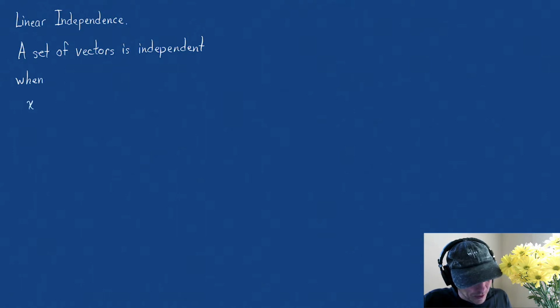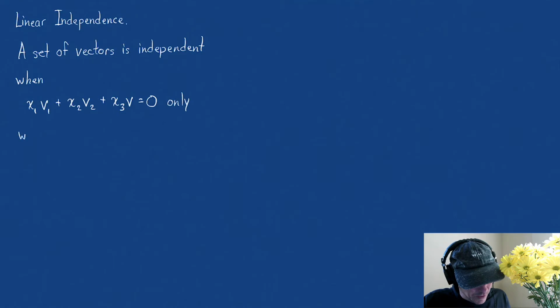I'll write it this way, and we're just going to look at three vectors: x1 vector 1 plus x2 vector 2 plus x3 vector 3 equals 0 only when x1 is equal to x2 is equal to x3, and those all equal 0.